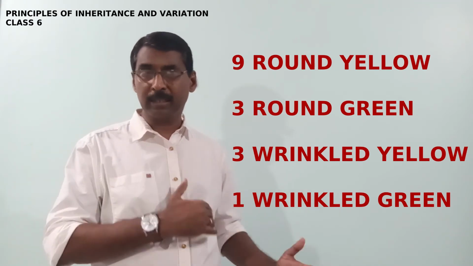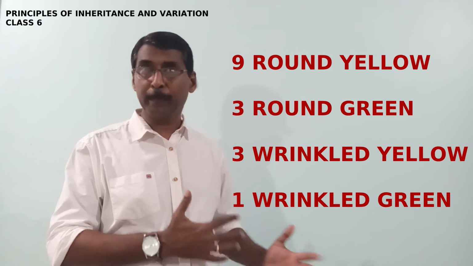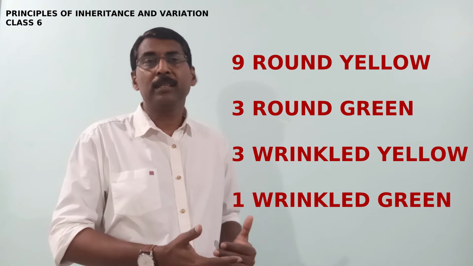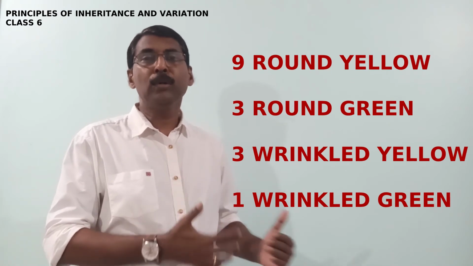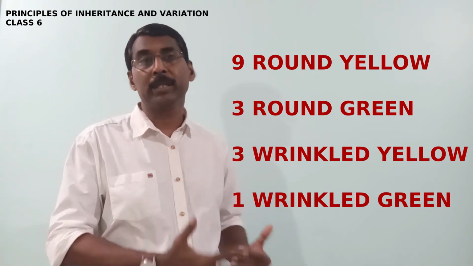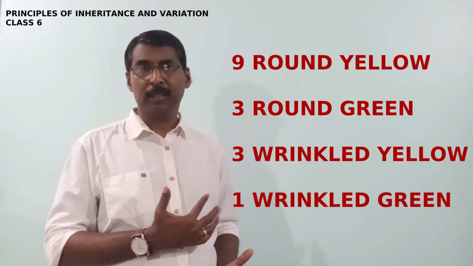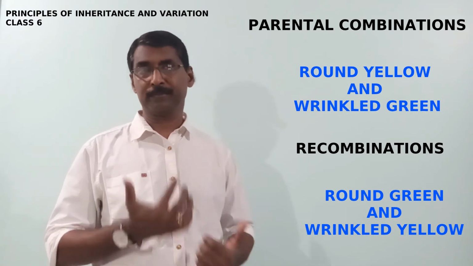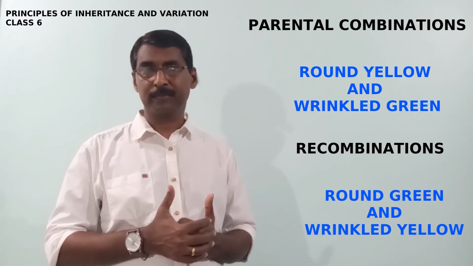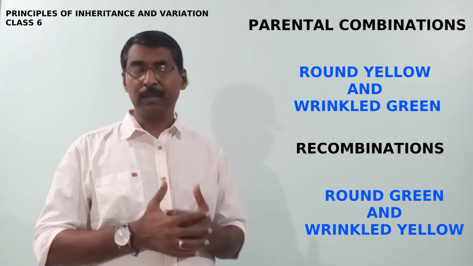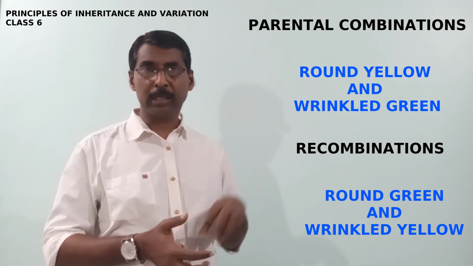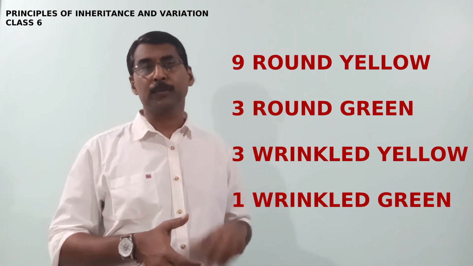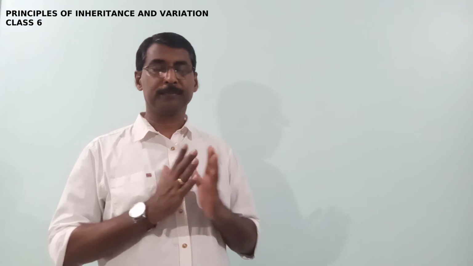There were no parents like this. So this we can call new combination or recombination. They are called recombinants. So this was the progeny produced in the ratio 9:3:3:1 in the case of F2 of a dihybrid cross.